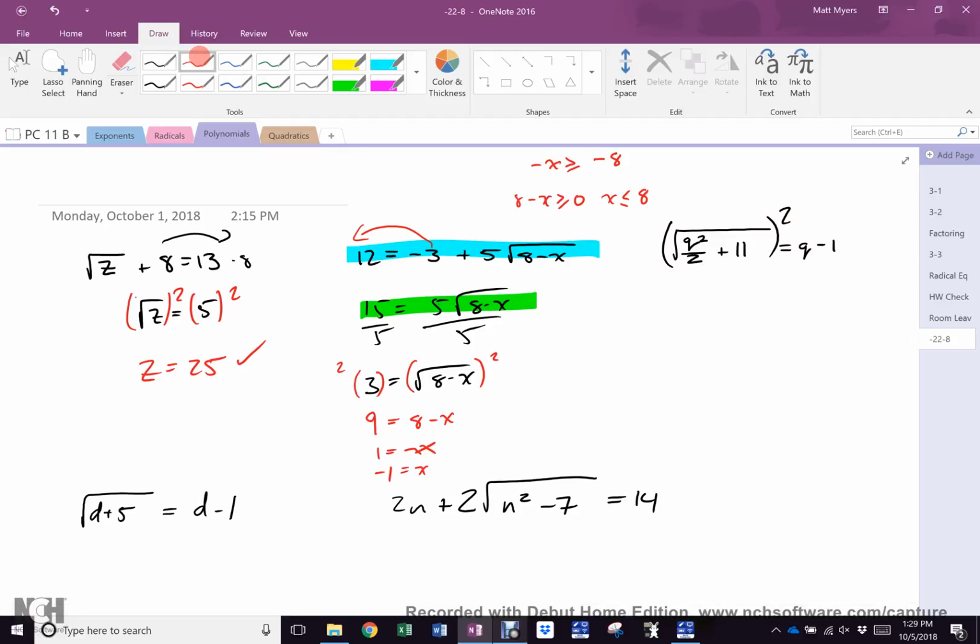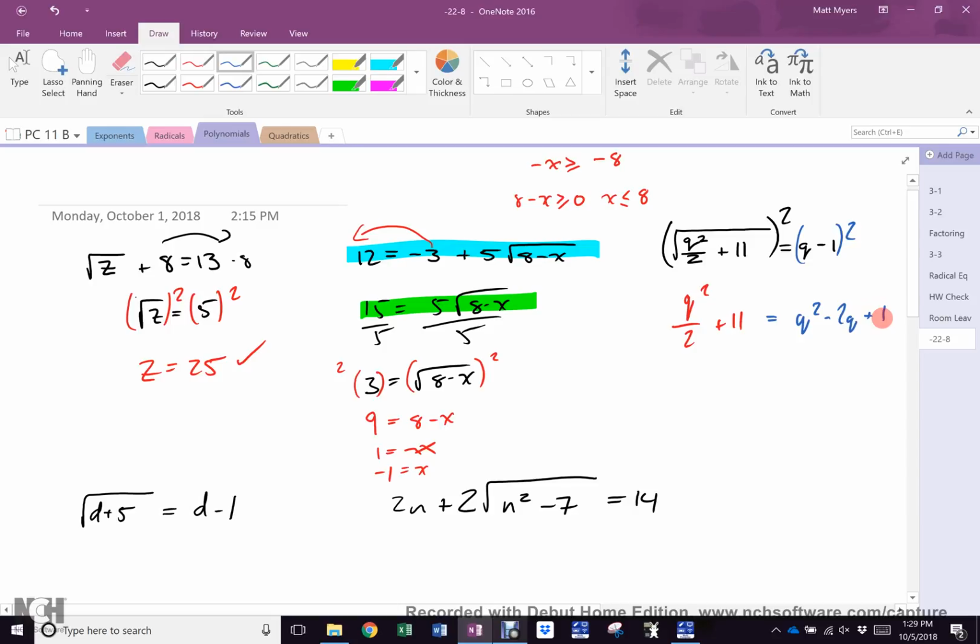And what do I get on the left? Q squared over 2 plus 11. What do I then have to do on the right? Square it. And that is, of course, Q squared minus 2Q plus 1. Yes? Excellently done, ladies and gentlemen.